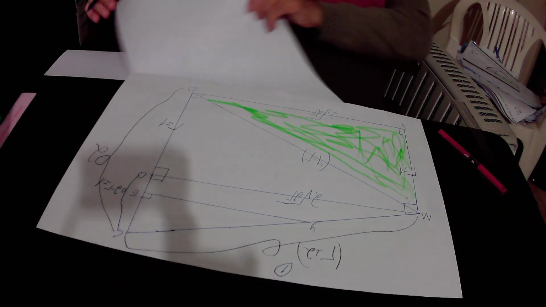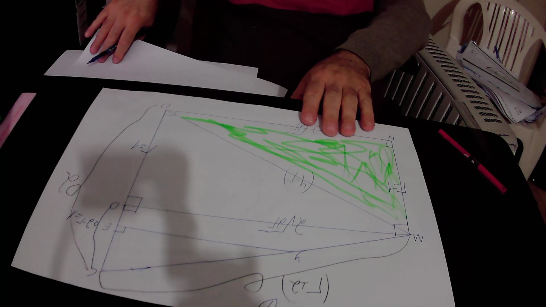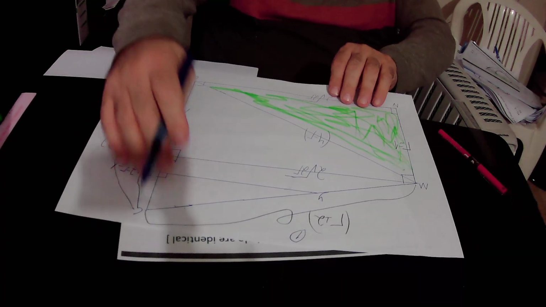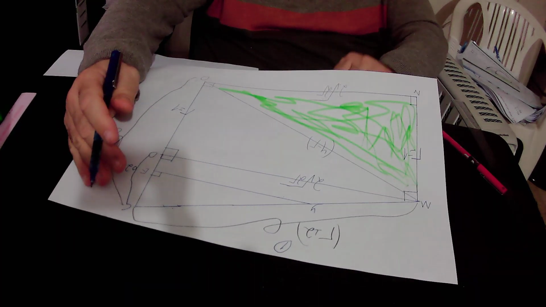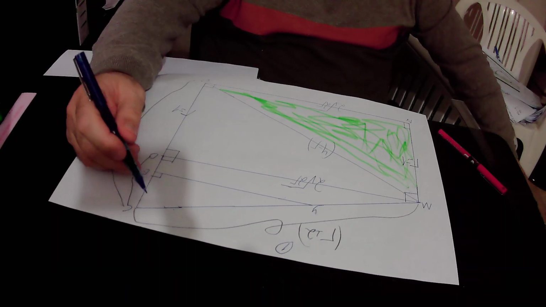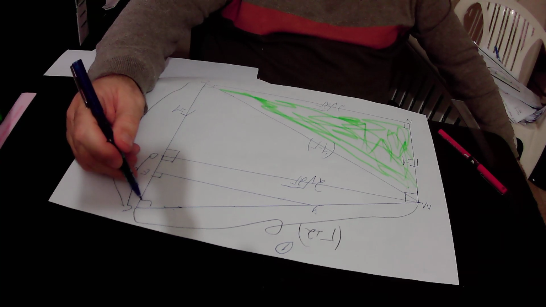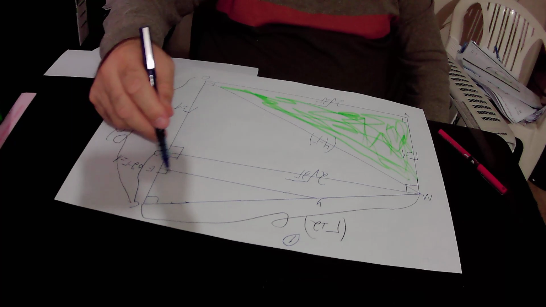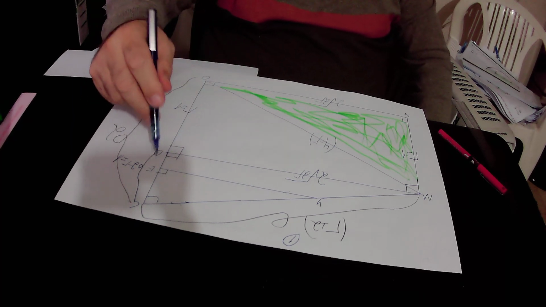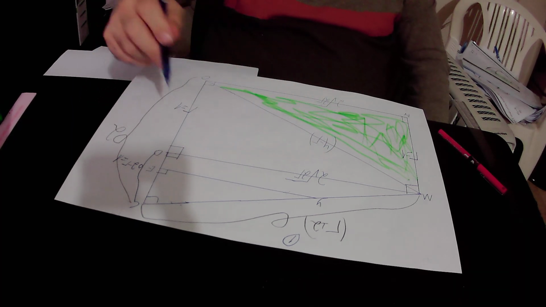And we also know that angle C is a common angle. It belongs both to triangle CEY and to triangle CDM.